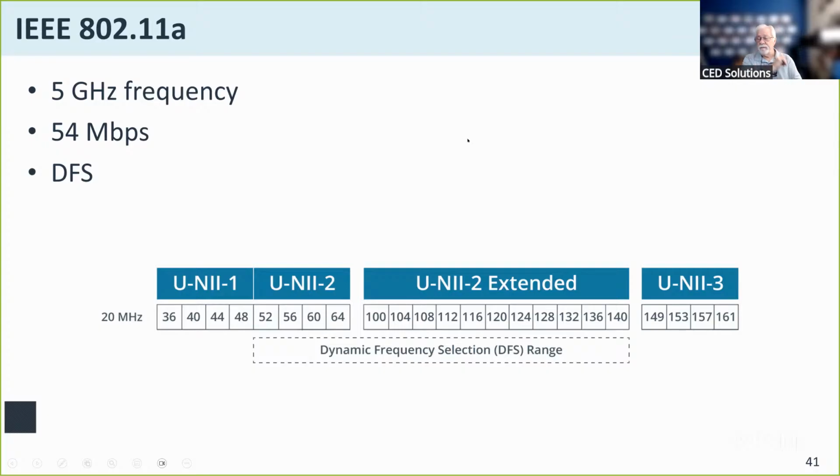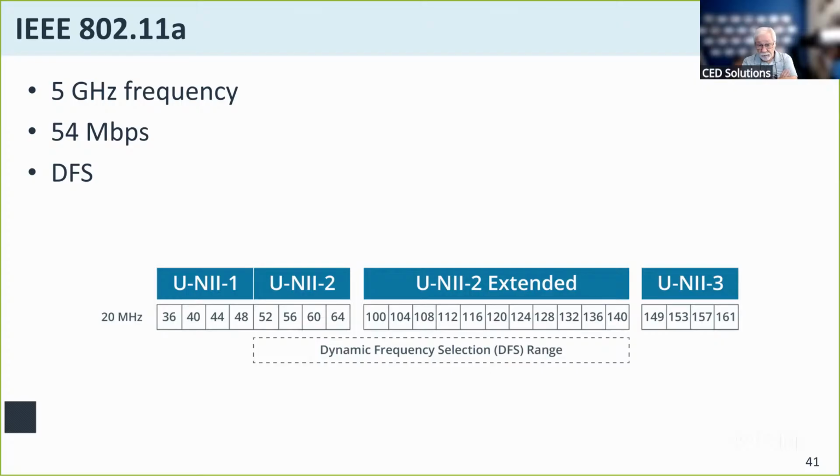The very first version of these, when it first came out, used 5 gigahertz frequencies only. It was, as we compare it today, very slow, but for the time, it was screaming fast, 54 megabits per second. And it utilized what they call DFS, dynamic frequency selection.